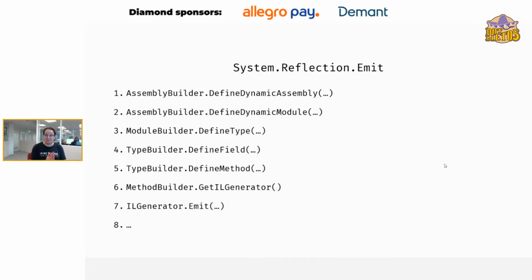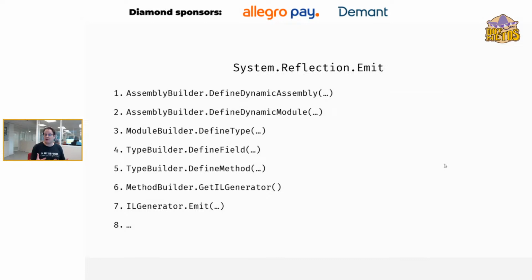However, it was a painstaking process. For a 10-line C# class, to define the equivalent thing using the System.Reflection.Emit APIs would take between 60 and 70 lines of just calling methods to define assemblies, define types.